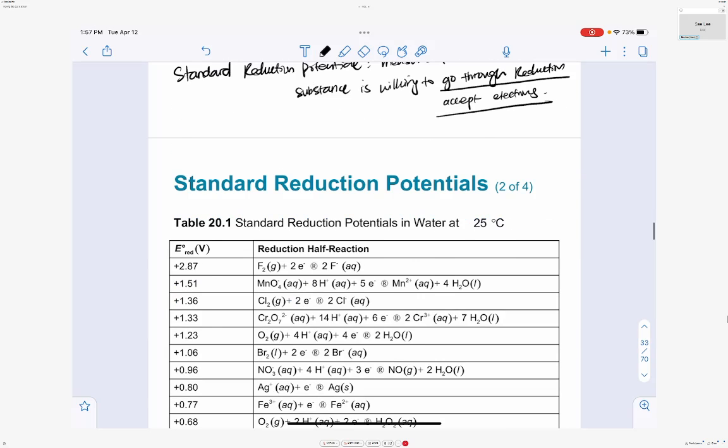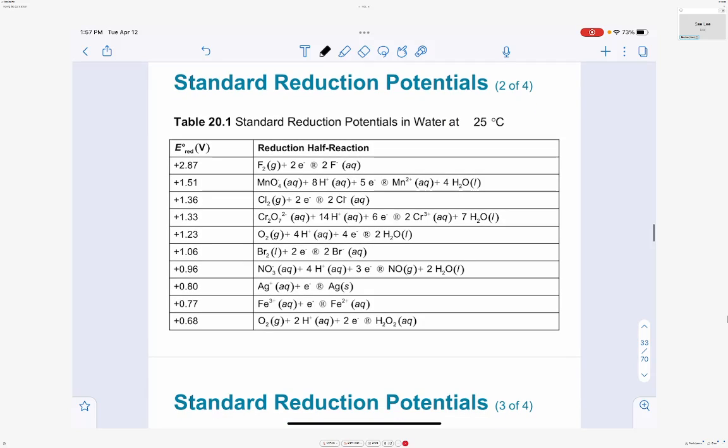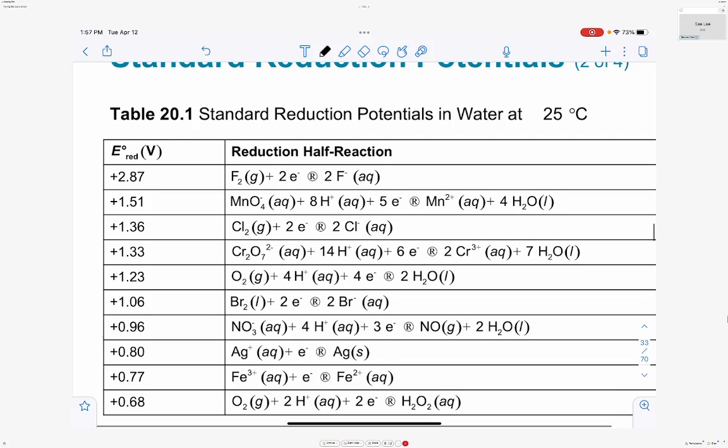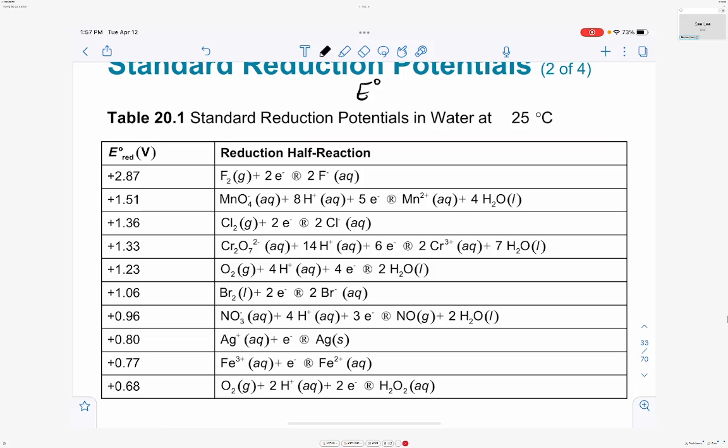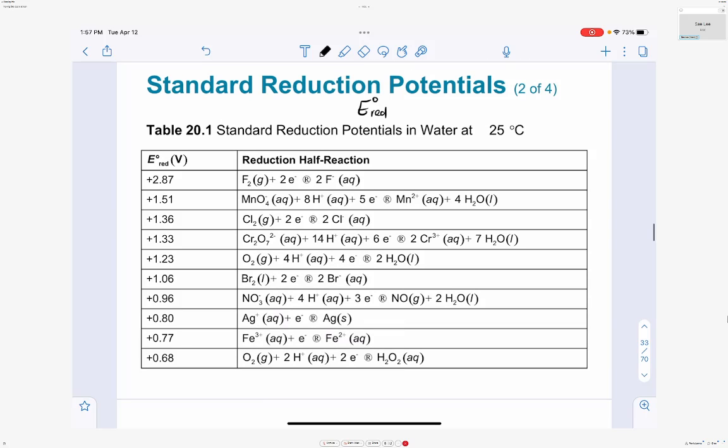So here are the pre-measured reduction potentials of various substances. The standard reduction potential is denoted as E naught, and this RED stands for reduction. Let's say a standard reduction potential of positive 2.87.